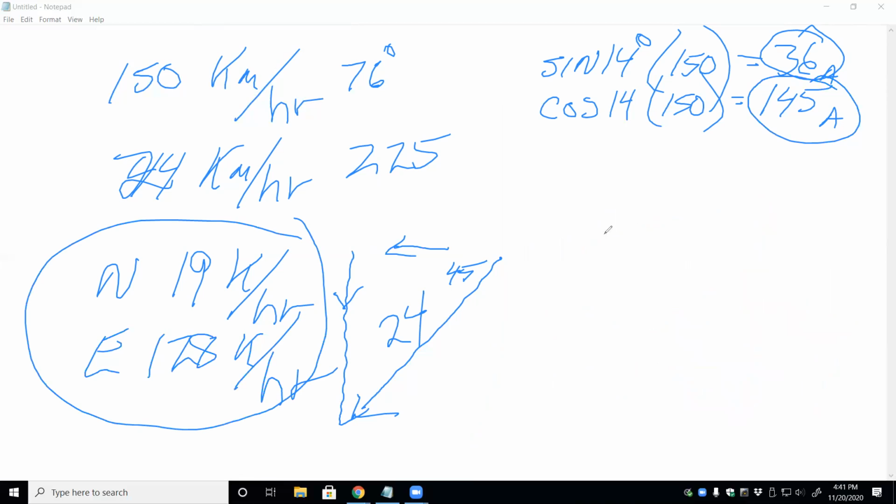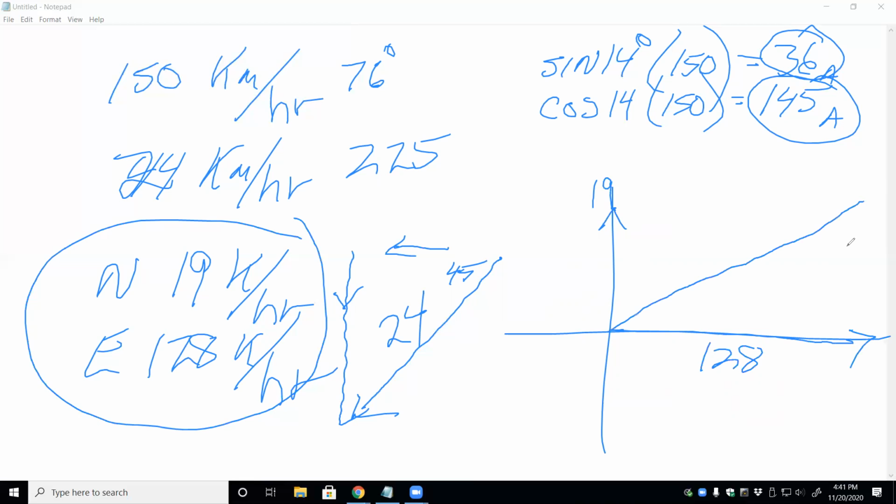If I had something going 19 kilometers per hour in this direction and 128 in this direction, then this angle, let me remember how to do this.